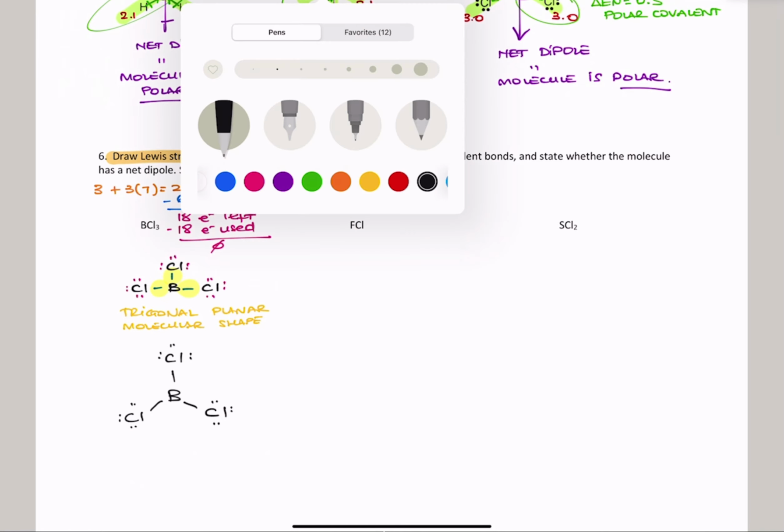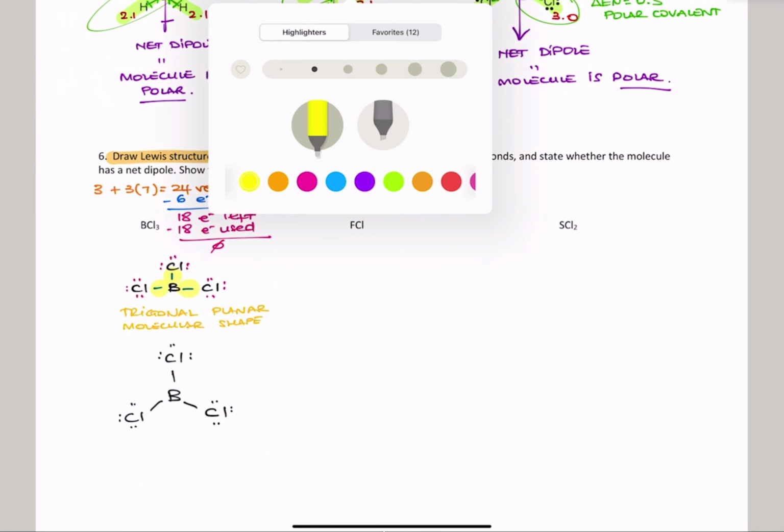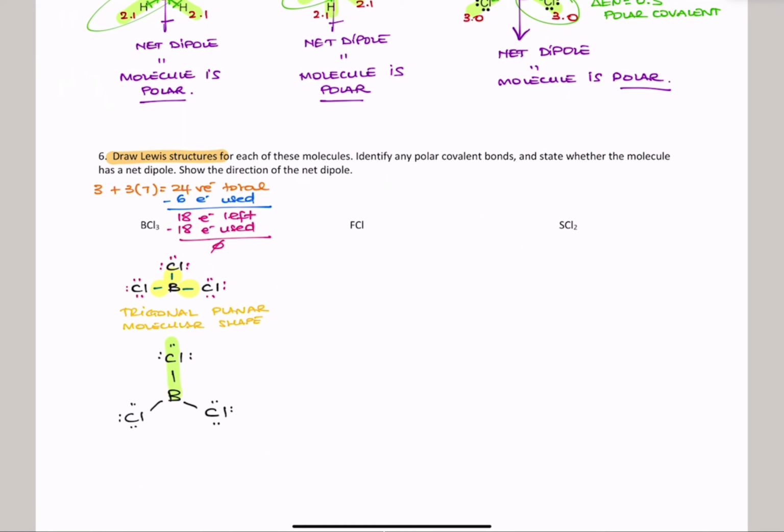And now we're going to take a look at the nature of these bonds. The delta EN for B-Cl is equal to the difference between 2.0 and 3.0, so 1.0. Therefore, this bond is polar covalent, and the electrons are pulled toward the Cl.